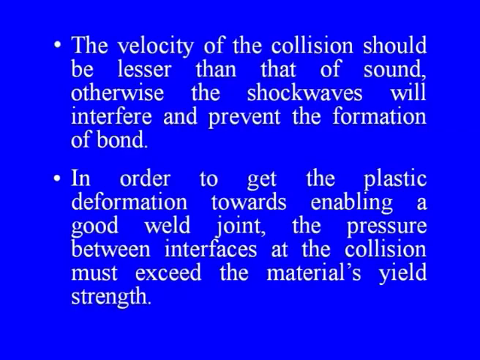Number 3, the velocity of the collision should be lesser than that of sound, otherwise the shock waves will interfere and prevent the formation of bond. In order to get the plastic deformation towards enabling a good weld joint, the pressure between interfaces at the collision must exceed the material's yield strength.